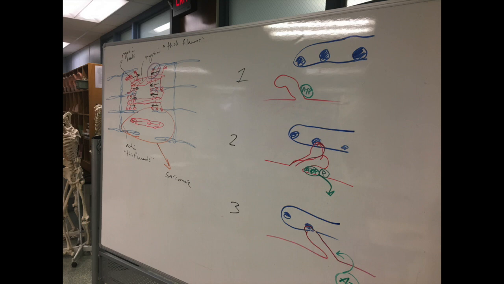Once it binds onto actin, ADP and P fall off the arm, and that causes the myosin head to return back to its resting position. But because it's stuck here, he's going to return back here, and he's going to pull. And now, nobody's attached to it.